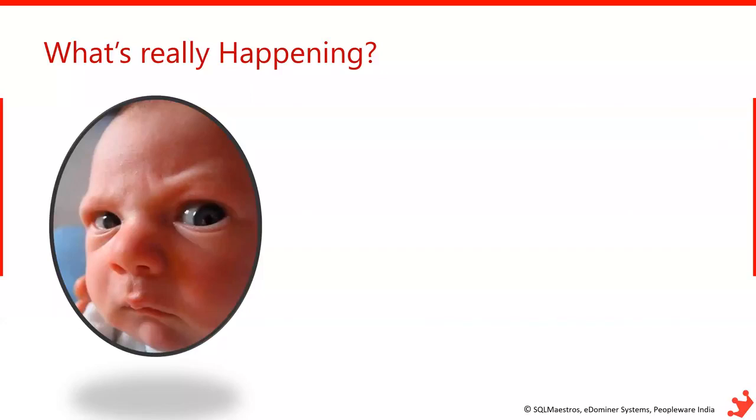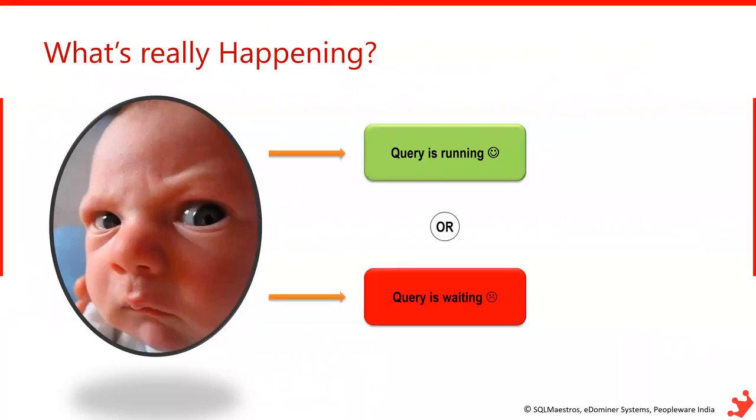Before we try to investigate and find out the root cause of a performance issue, consider this. In a most simplistic manner, there are two things that could be happening with your query. Either your query is running, or your query is waiting. Now, a third state could be there, but I am not discussing that today in the webinar.